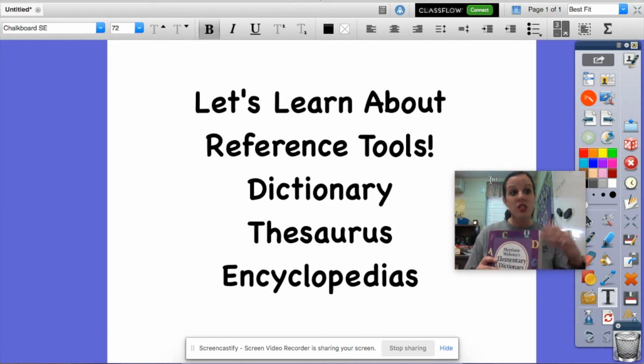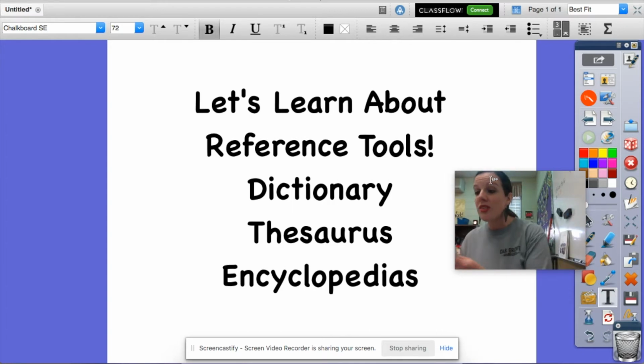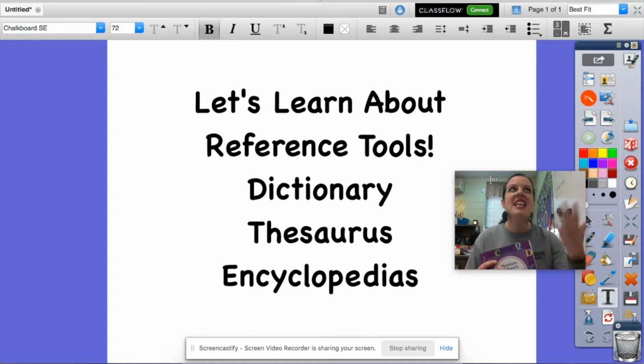But we don't have to use printed dictionaries anymore because there's a faster way. If you have access to a Chromebook or a computer, there's a really great site that we can use instead of a printed dictionary. But a dictionary defines. Now, let's say that I was doing a writing, and once I figured out the meaning of a word, like the word nice, my teacher said, okay, you know what nice means, but you've used it 10 times in this writing. You need to figure out another word that you can use instead of nice.